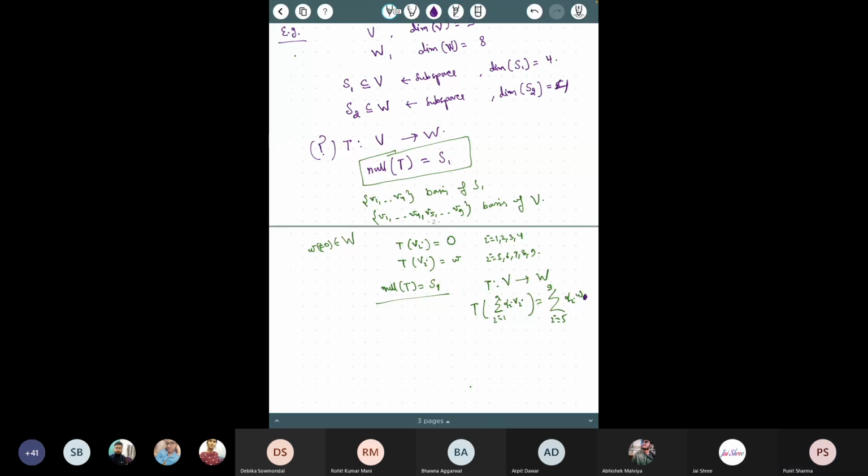Sir, in the last class we have done that dimension of V is equal to nullity of T plus rank of T. And sir, here rank of T is only 1.